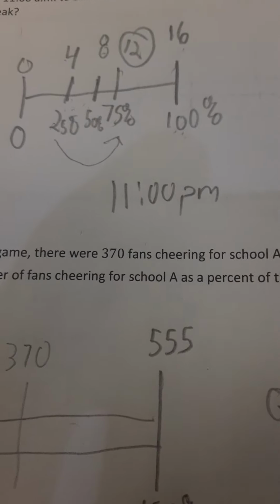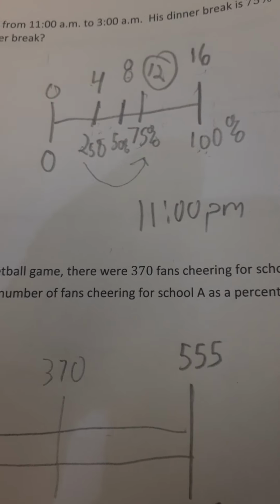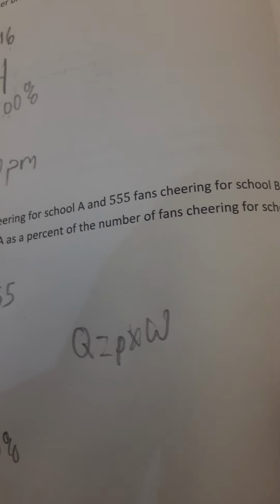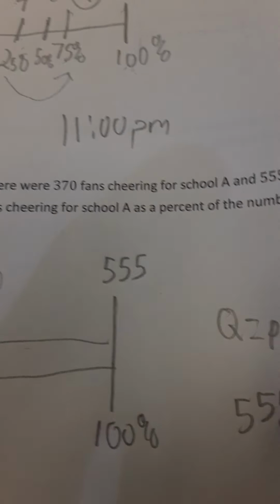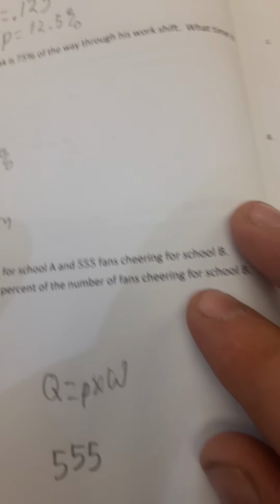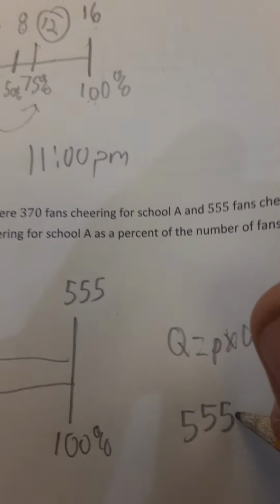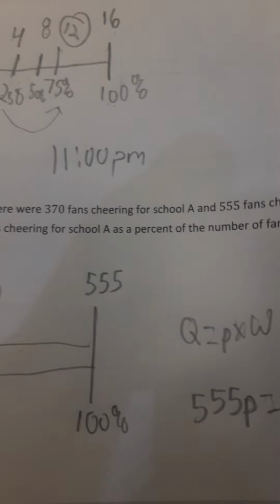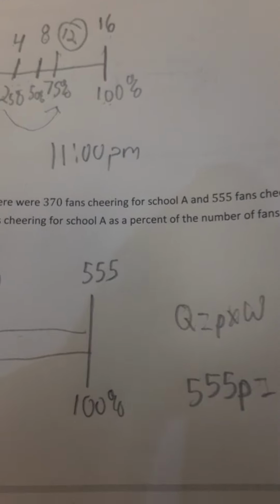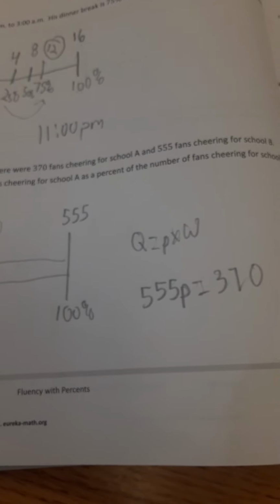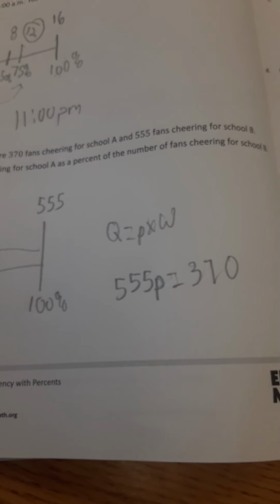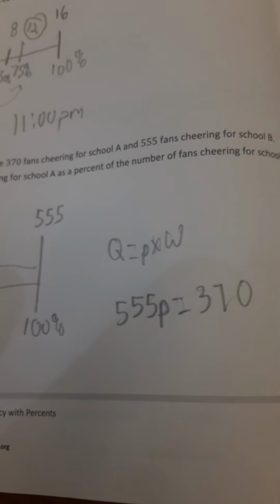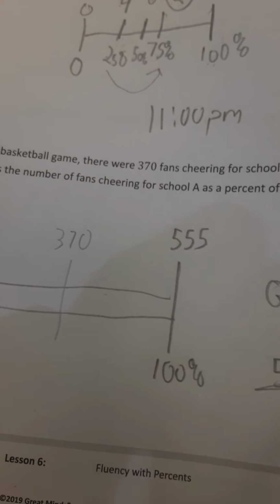What's our whole? 555, I'm sorry. It's getting late here. We times that by our percentage, we get our quantity of 370. Everyone with me on that? So I divide 555 on both sides.